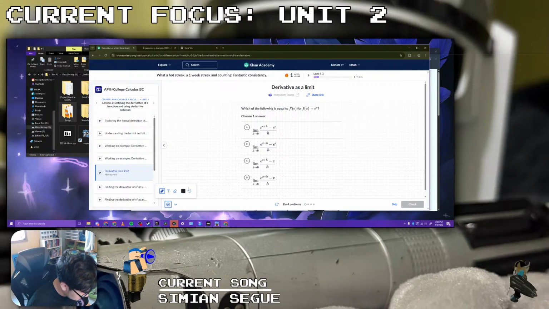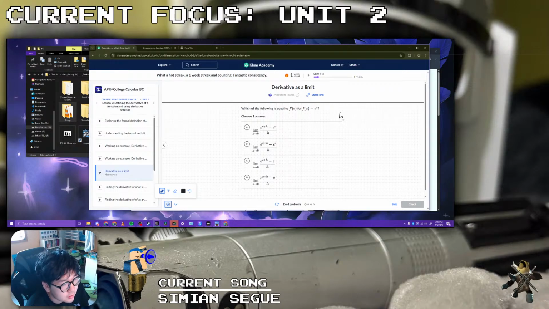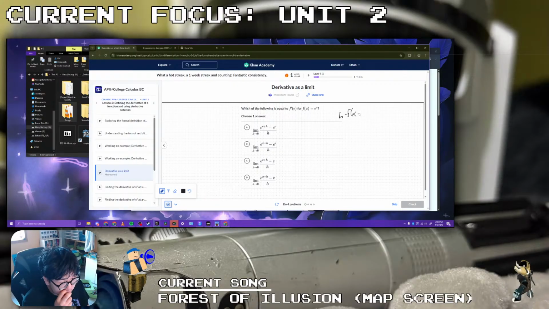Alright. Okay, so I believe the formula for a derivative, if I remember, is going to be the limit of f of x plus h minus, I think it's f of x, over h as h approaches 0.